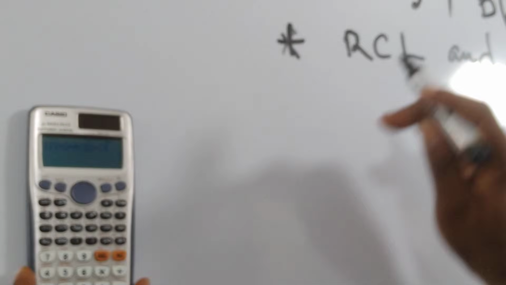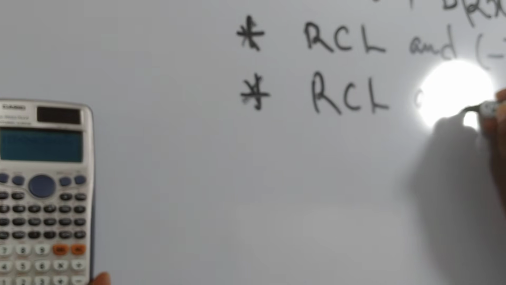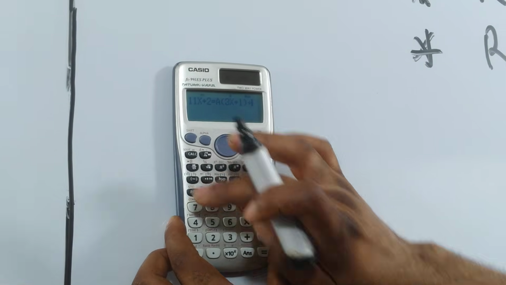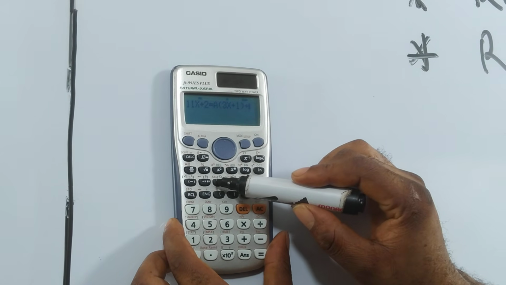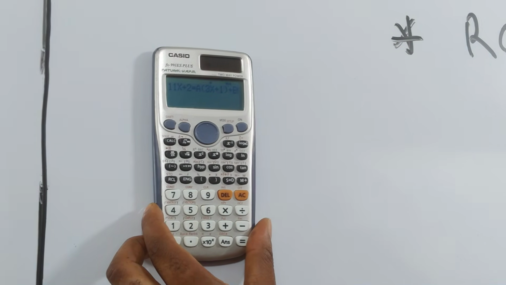Now let's move again. The next is plus B. How do we generate B? I want you to watch. You punch RCL and then 9999 like this. Now what is RCL? Look at it here. This is RCL. Move up again, you see that 999. So you punch that. B will appear.